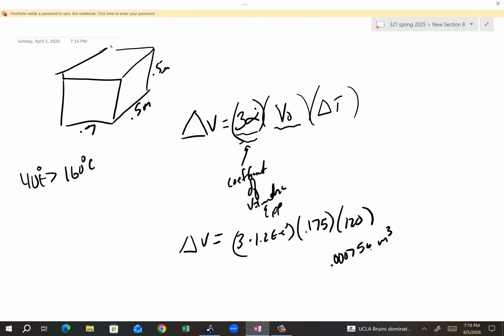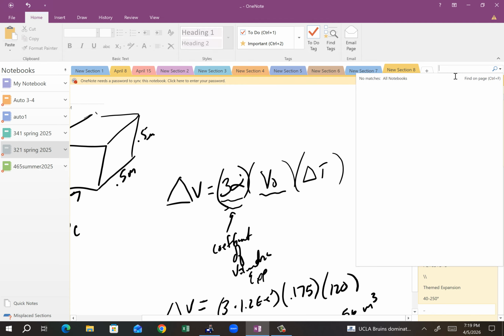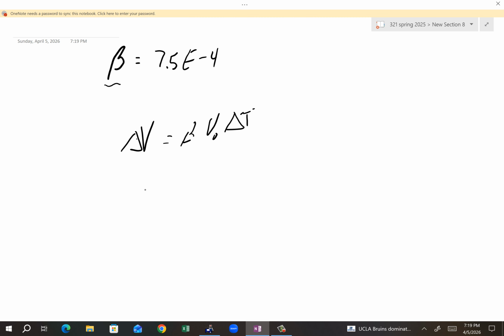So that's pretty straightforward. If it's water, let's say, or let's do alcohol. What's the alcohol one? Of course it is, 7.5 E minus 4. For things like a liquid, where you can only change the volume, it's going to be given as beta, the coefficient of volumetric expansion. And so delta volume is equal to beta times volume times the change in temperature.